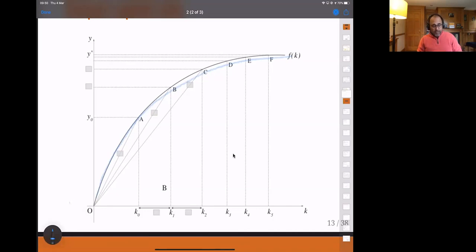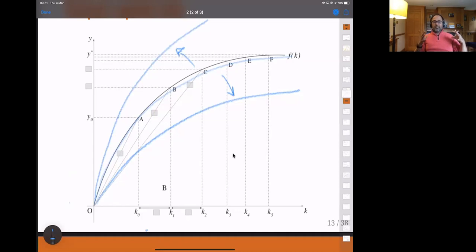The more diminishing it is, the more curved the production function would be. The less diminishing it is, the less the curvature would be. So diminishing marginal product of capital makes the production function curve in.